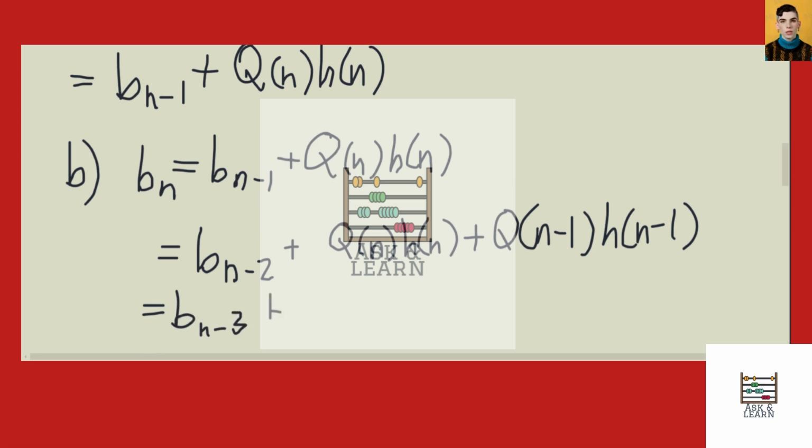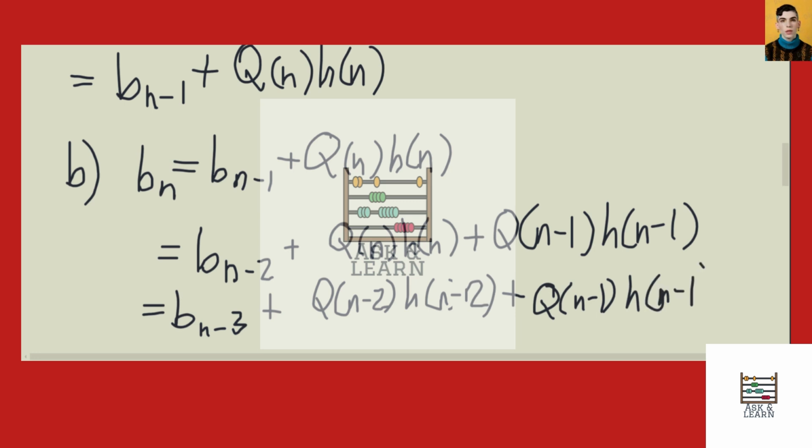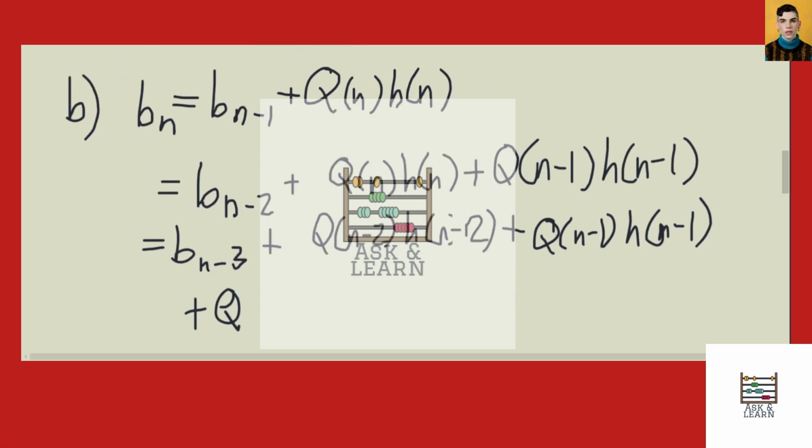We get that this is equal to Bn minus 3 plus Qn minus 2 times Hn minus 2 plus Q of n minus 1 times H of n minus 1 plus Q of n times H of n.